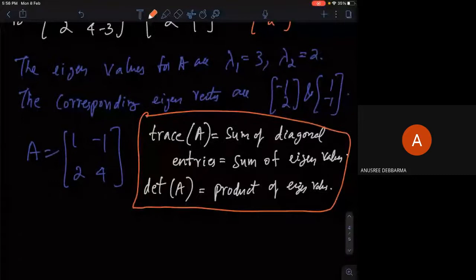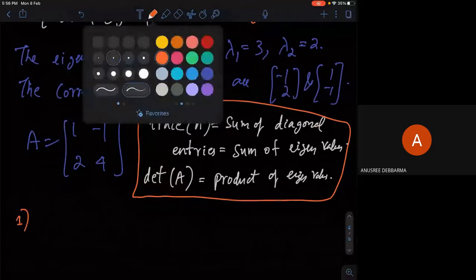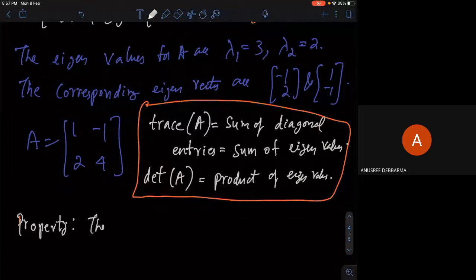Now, another property of eigenvalues is the following fact. There are n eigenvalues, with repetition.